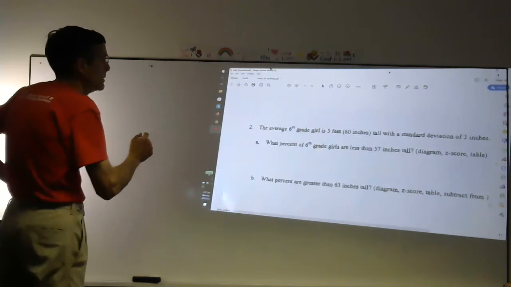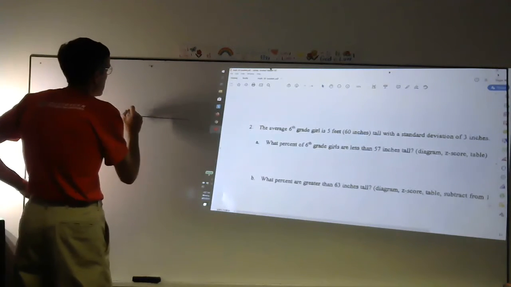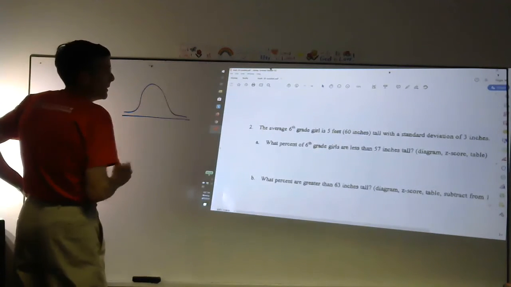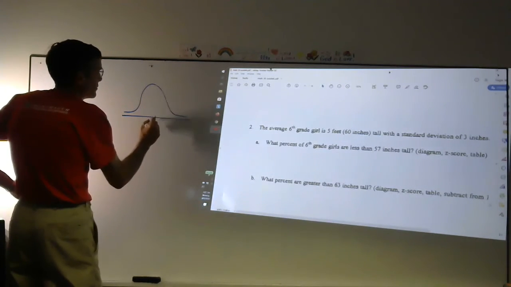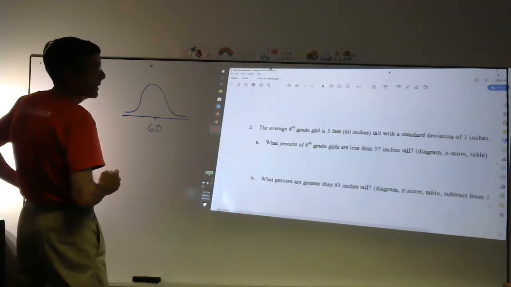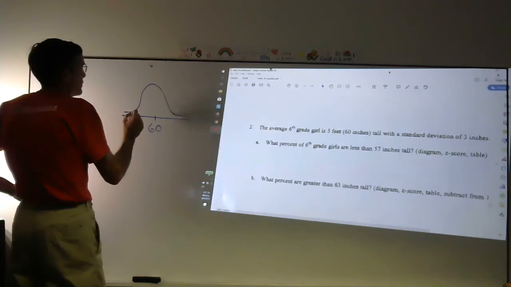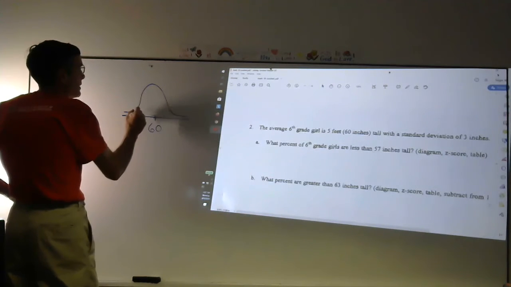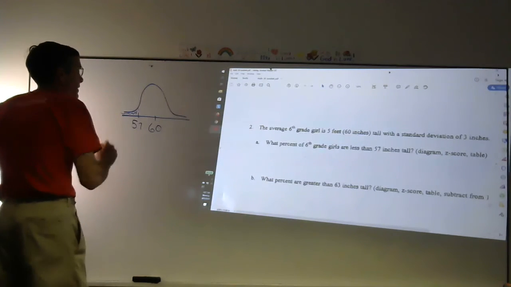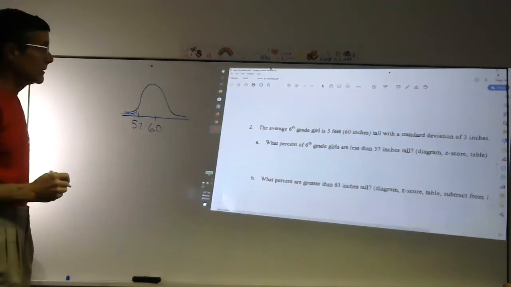All right, here we go. So we have the average is 60. So here is 60. Okay, standard deviation is 3. What percent of girls are less than 57? 57 would be down here. So we want this small region there.